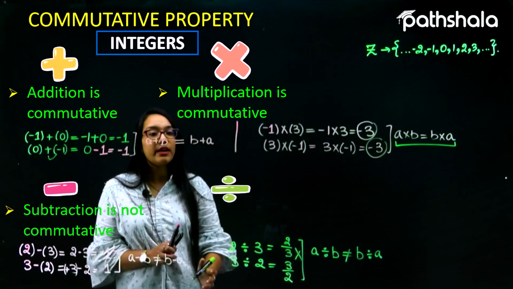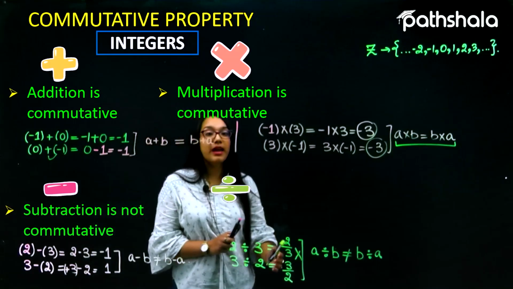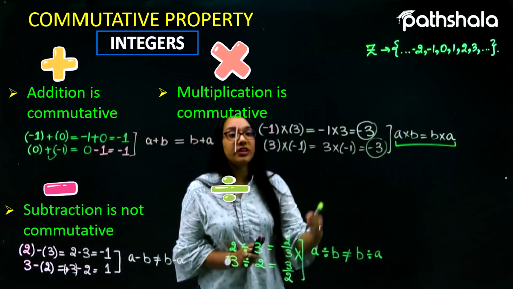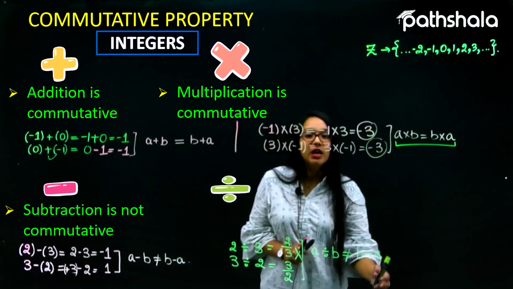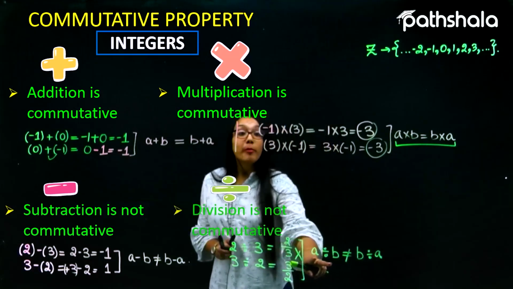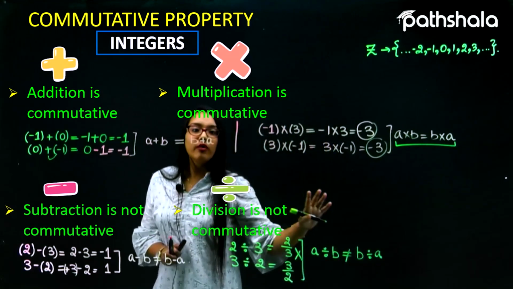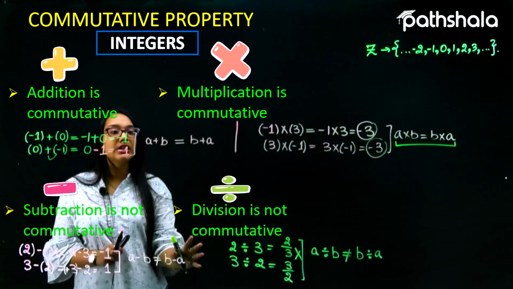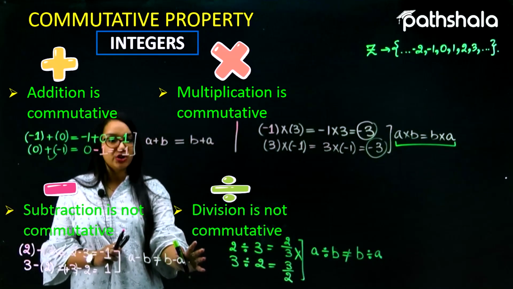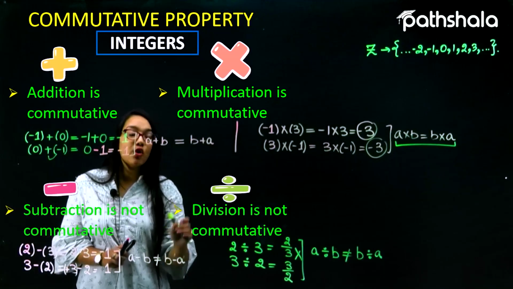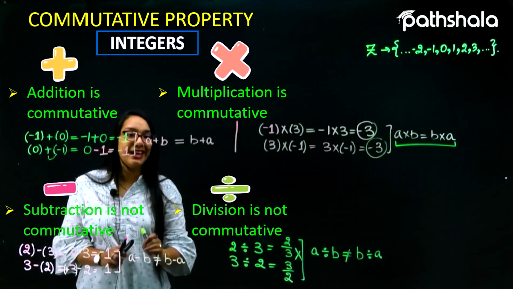So A divided by B can never be equal to B divided by A for any two integers A and B. The commutative property does not follow here. It means that division is not commutative in nature for any two integers A and B.